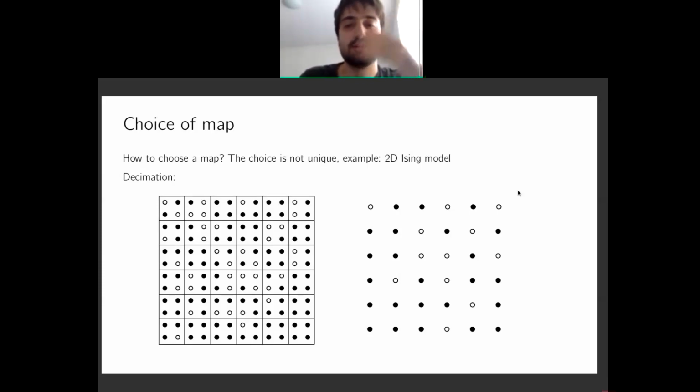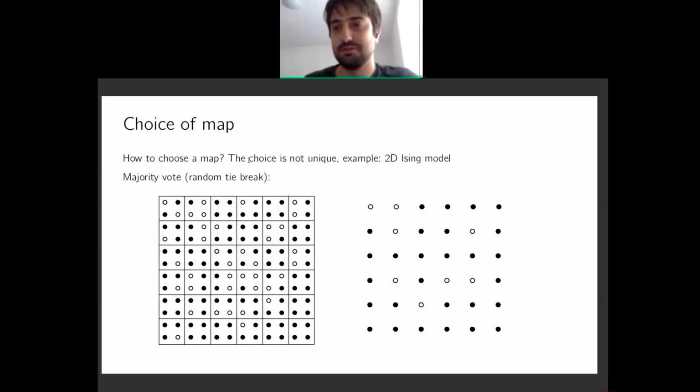Let's take as our renormalized spin the top left spin in our block always. This essentially amounts to tracing away 3 spins out of every 4 in our probability distribution. Intuitively, one might argue that this is a good idea because in my larger scale effective model, I only care about the correlation between this spin and this spin, and not correlation between spins that are close to each other. But one could equivalently come up with other examples.